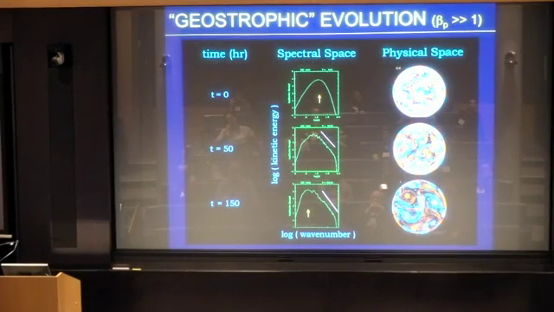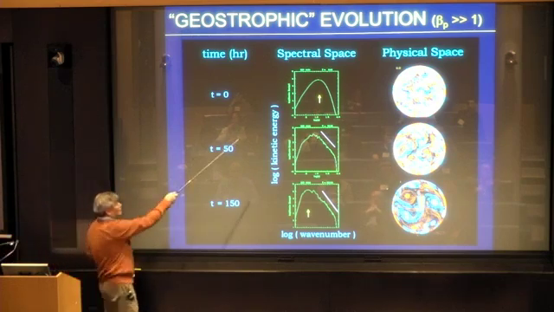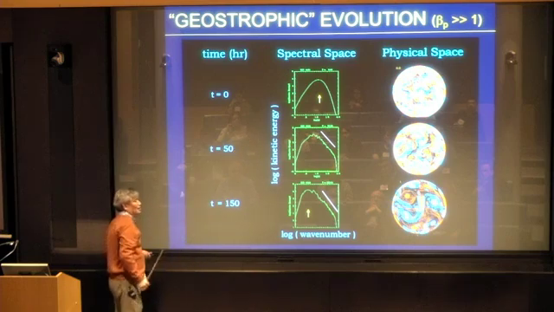All right, what you're looking at is a control situation, a very simple one. The sphere is not rotating, purely hydro, and the evolution goes downward here.